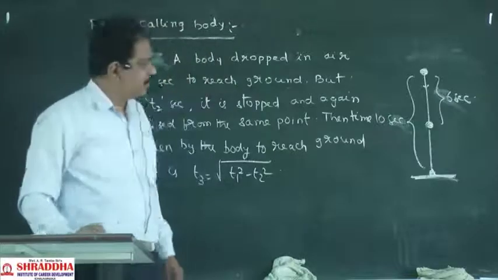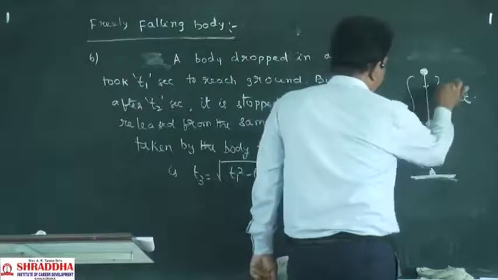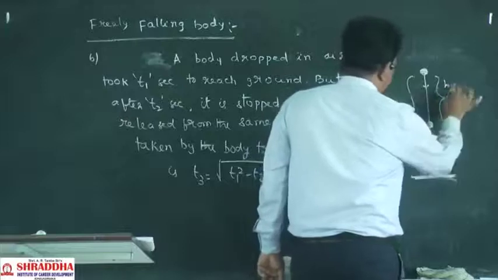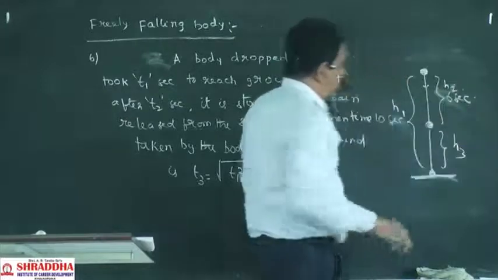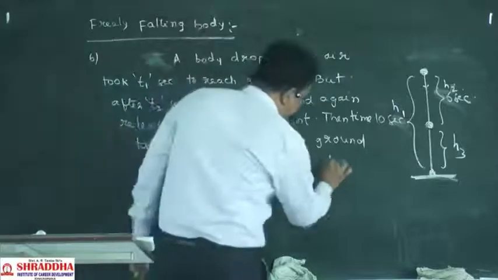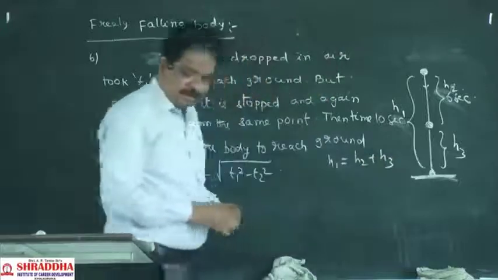Why is it? Let the total height be H. Let the parts be H1, H2, H3. H1 is equal to H2 plus H3, obviously.